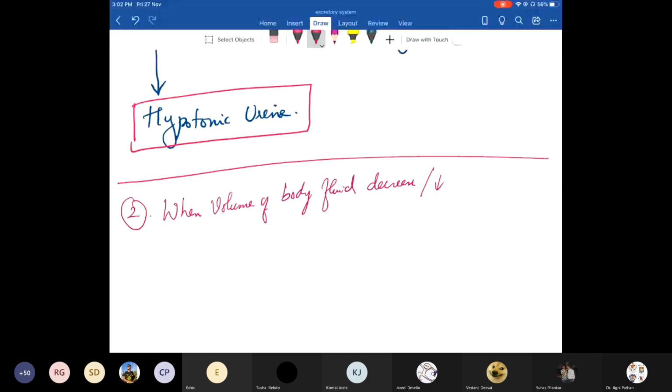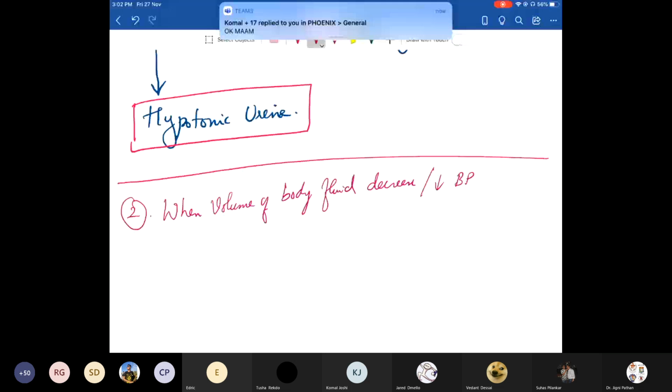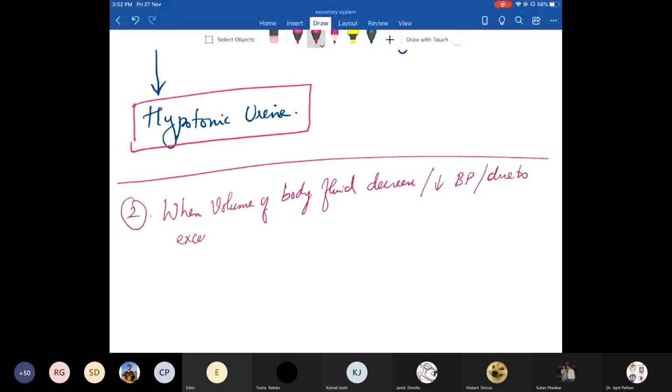Sometimes both mechanisms activate, sometimes only one gets activated. It depends on how much water needs to be removed. It can be due to excessive blood loss or dehydration. The reason can be anything, vomiting, etc.